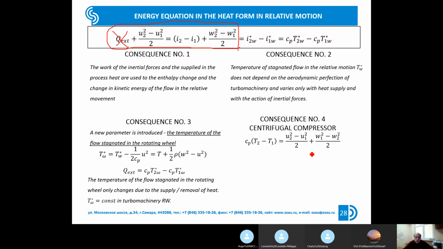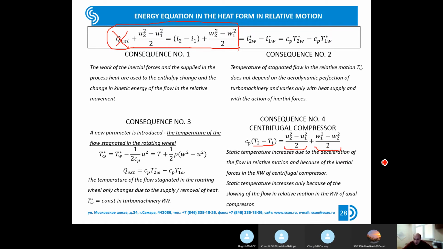Very simple. We need to read this equation. The change of the static temperature in the compressor stage is due to the acting of inertia forces and breaking the flow in relative motion.